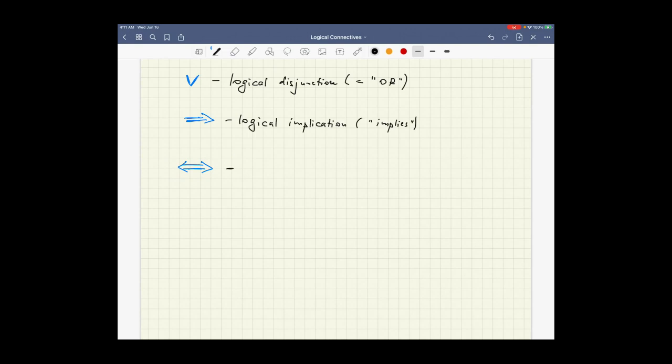And biconditional. That symbol means if and only if. Many theorems have this statement, if and only if. So one statement holds when the other does, and vice versa.